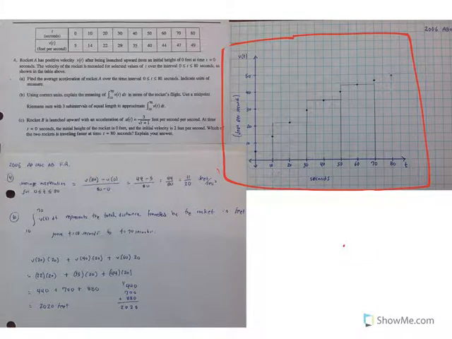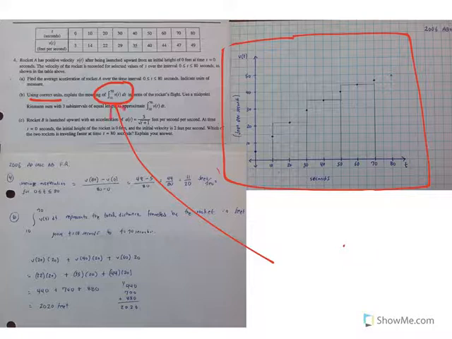And part B says, using correct units, explain what this means. Well, you have here the definite integral of a rate of change function. Remember, velocity is the rate of change of position with respect to time. So you have the definite integral of a rate of change. And when you have the definite integral of a rate of change, what information does it tell you?